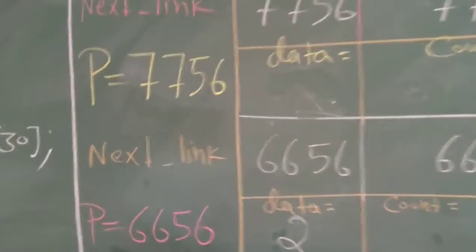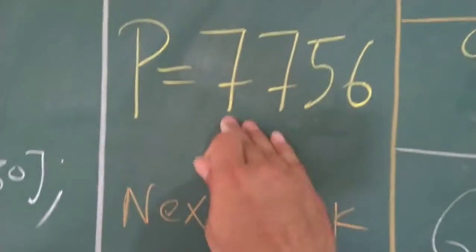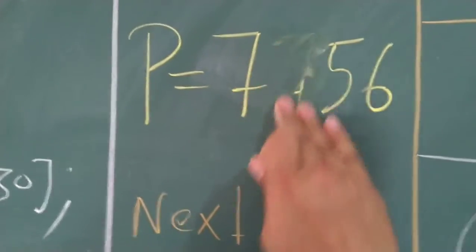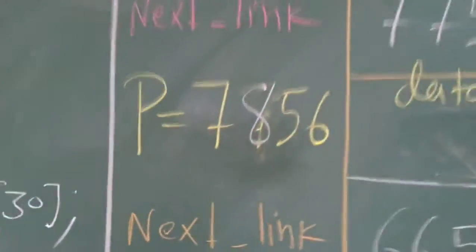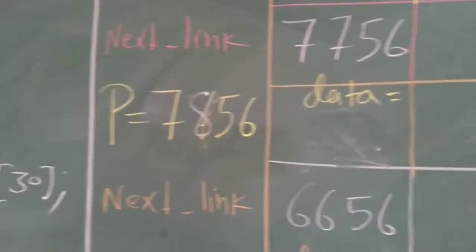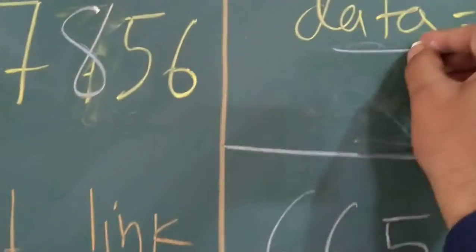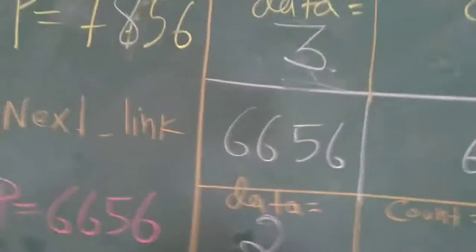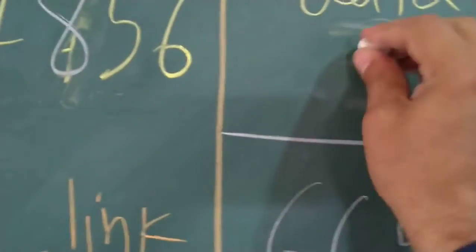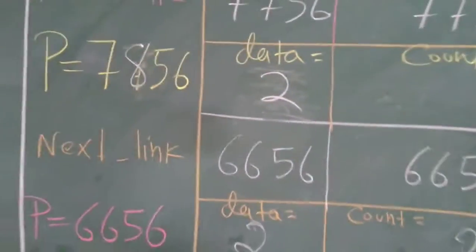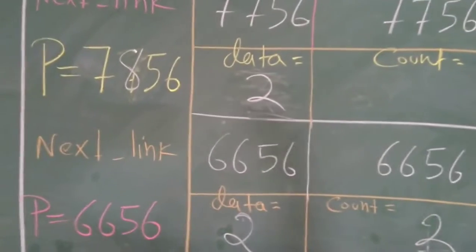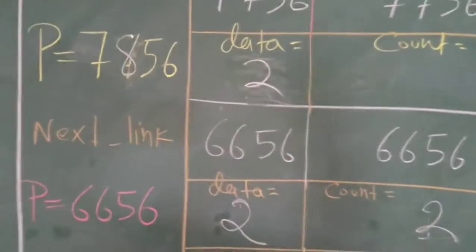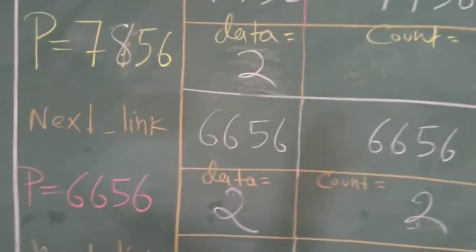Suppose again the address is something different. Before the address was something, now suppose this is 8. Again you allocated some P and you insert again 2. In this condition, whatever P you allocated will automatically be destroyed. You have to write this algorithm like this.